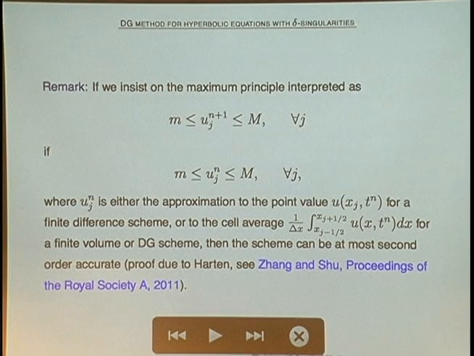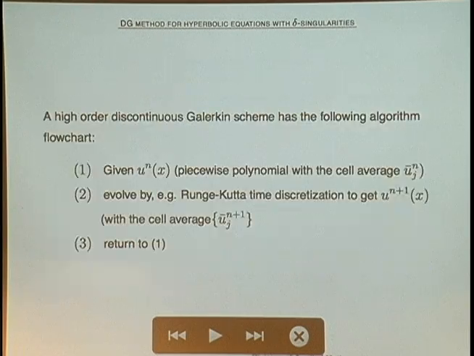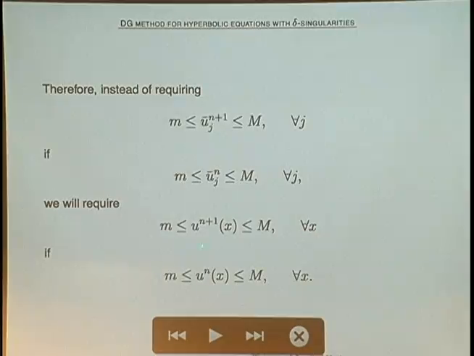So this basically is possible if we put it in this way. If u^n(x) is bigger than small m and less than capital M, this is the assumption, then u^{n+1}(x) should also satisfy this for any x.